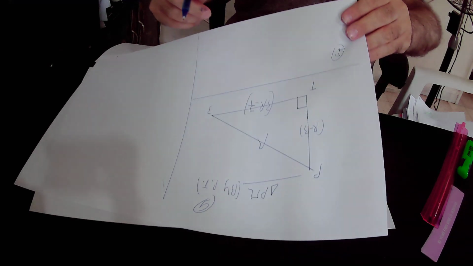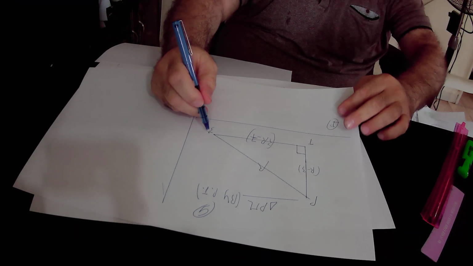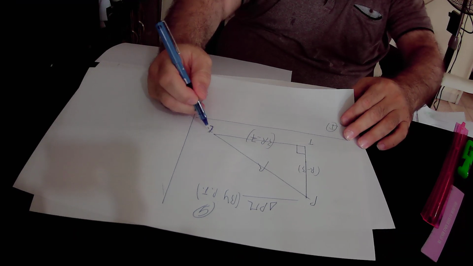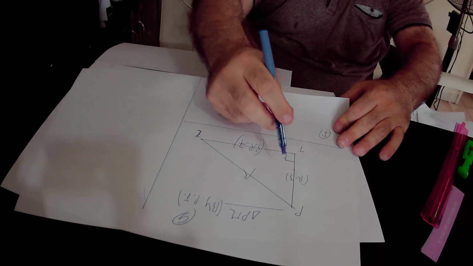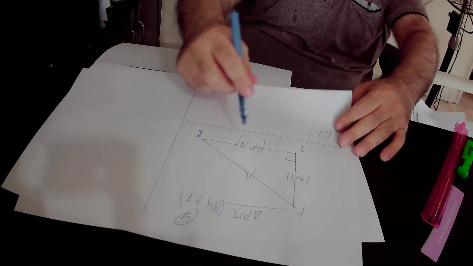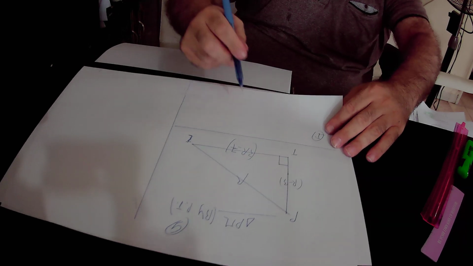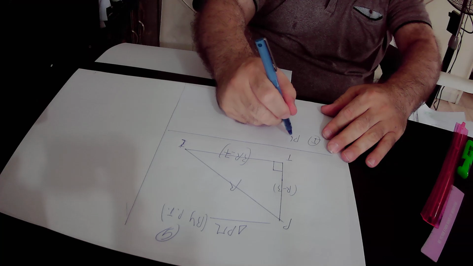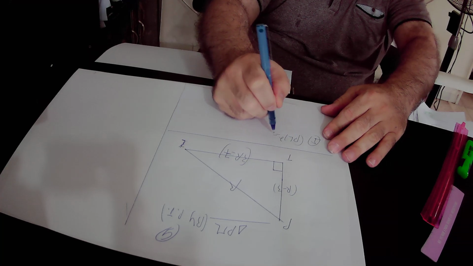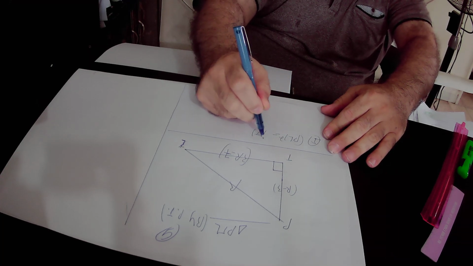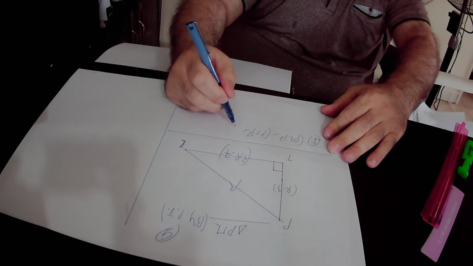The hypotenuse is PL, therefore the square of the hypotenuse is PL square, that is equal to PT square plus TL square.